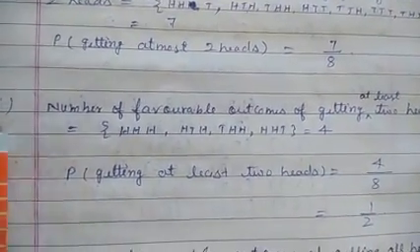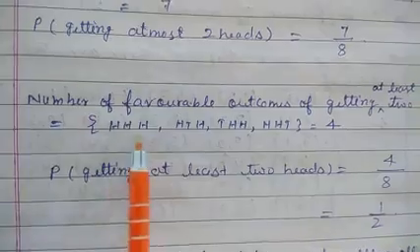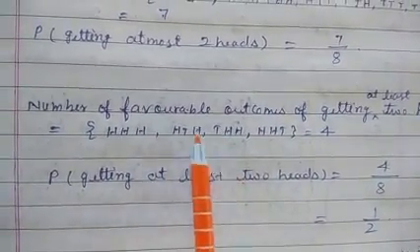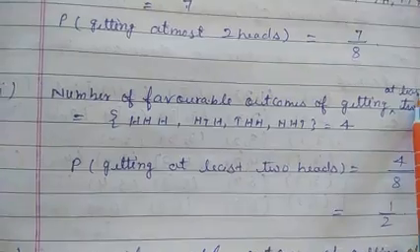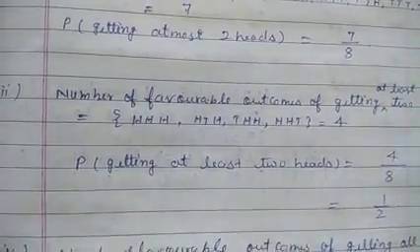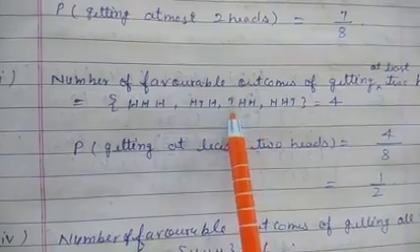Another part of this one is the number of favorable outcomes of getting at least two heads. Here at least means we have to find two and more than two heads. So it means head head head, head head tail, head tail head and tail head head.